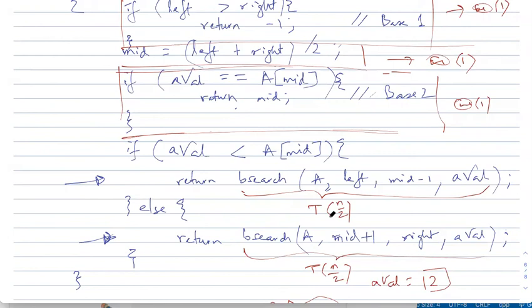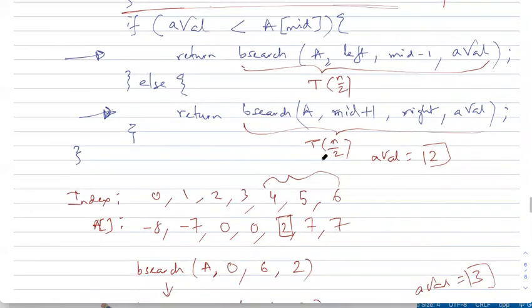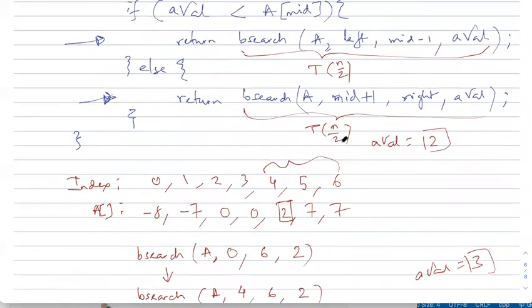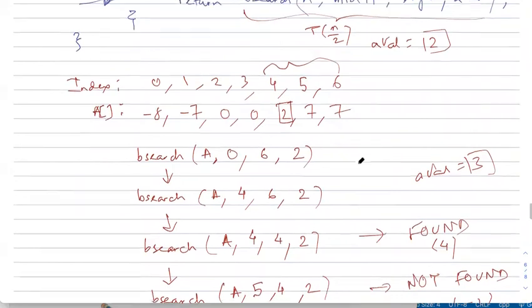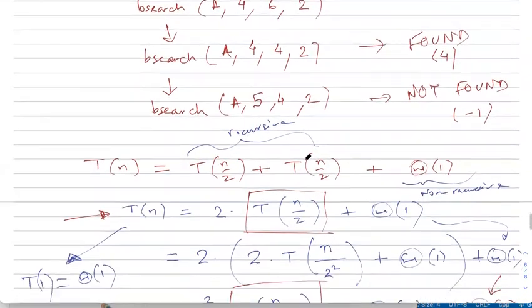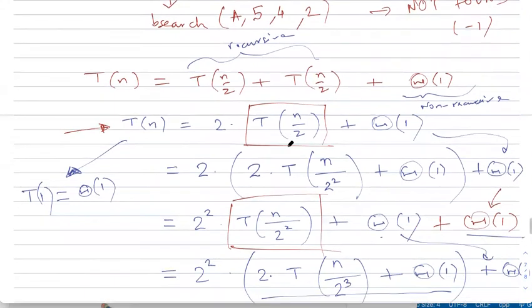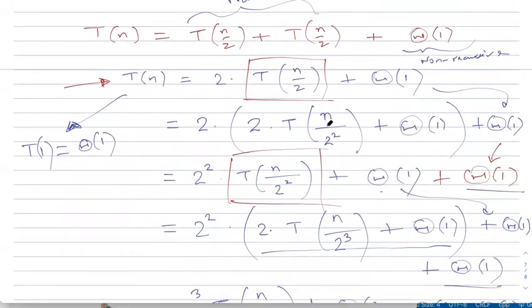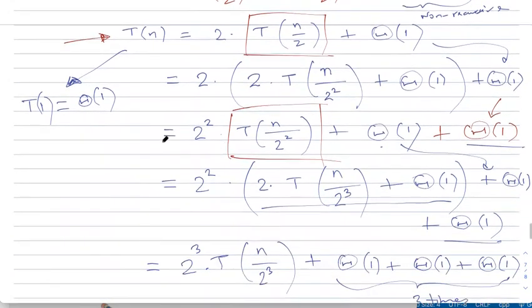Because in both the branches it is T of n by 2, when we are putting this addition, it's actually magnifying the effect. So we should have done T of n by 2 plus order of 1. This recurrence relationship is carrying too much of a cushion here. So let's see what happens.